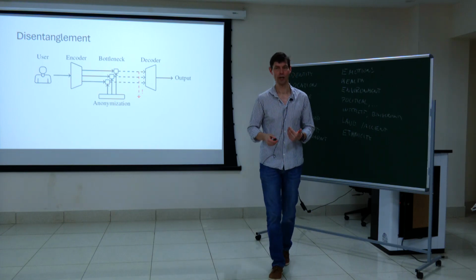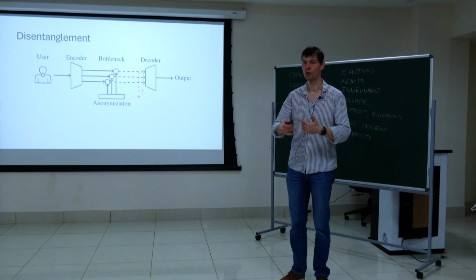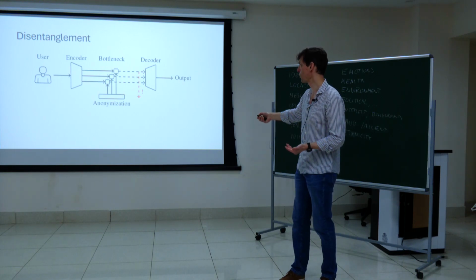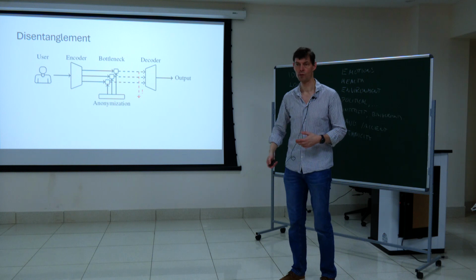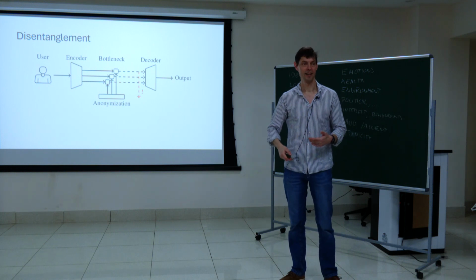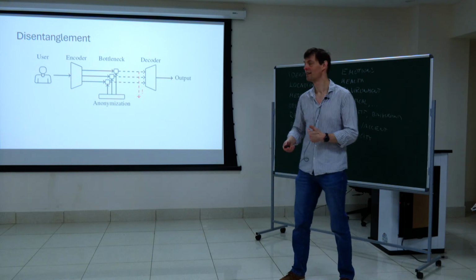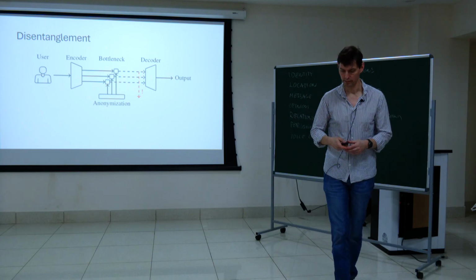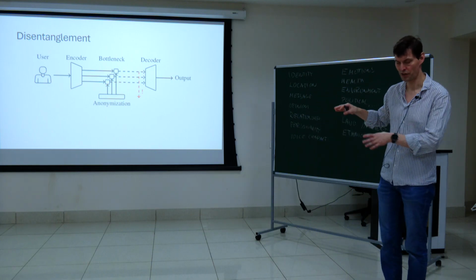So if you only want to know who is speaking, we will anonymize the phonemes and the pitch. And if you only want to have the speaker identity hidden, then we would anonymize the speaker identity. So this is like a dream approach.